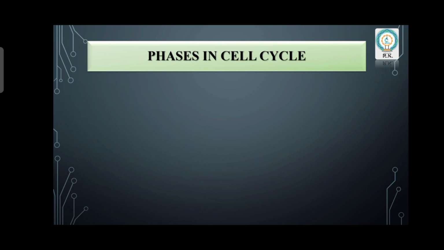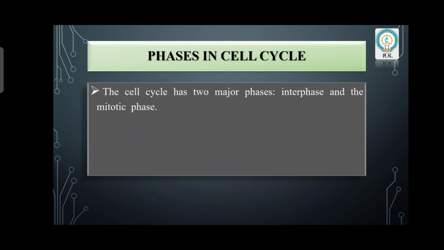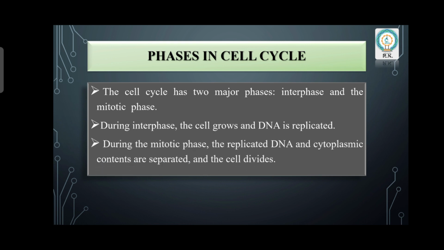Now, what are the phases included in the cell cycle? There are two main phases: interphase and the mitotic phase. During interphase, the cell grows and DNA is replicated. During the mitotic phase, the replicated DNA and cytoplasmic contents are separated.